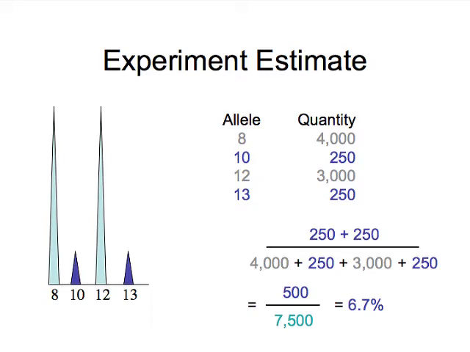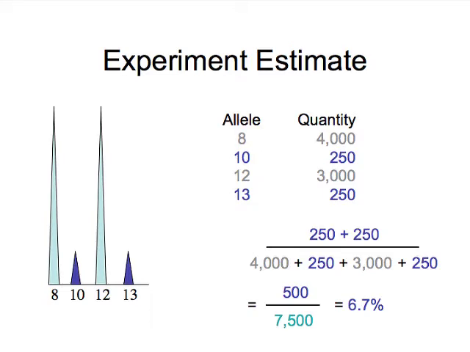So in the numerator, we have 500 RFUs representing the amount of DNA from the blue contributor divided by 7,500 representing the amount of DNA from all of the contributors.